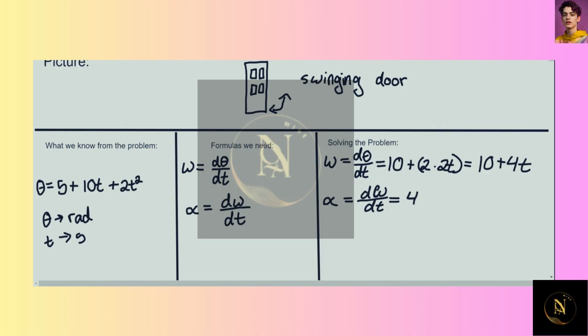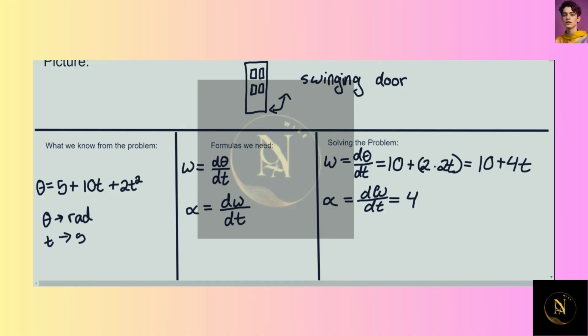So this is going to end up being 4. So notice here in the acceleration, we just get a constant number, and that's consistent with what you've been learning in this chapter. You should be seeing a constant angular acceleration for the easier problems. So it all makes sense for us right now.